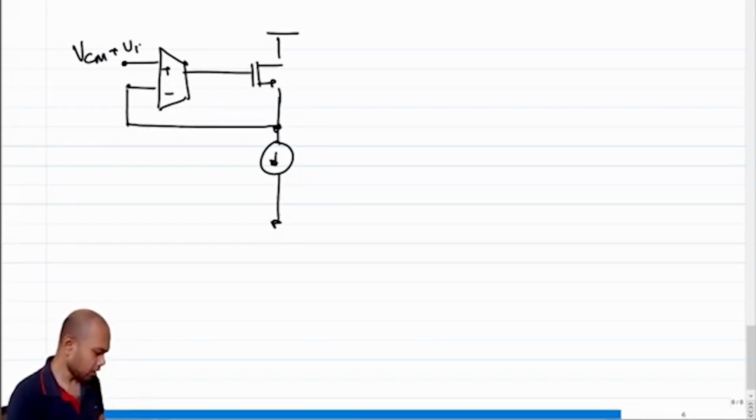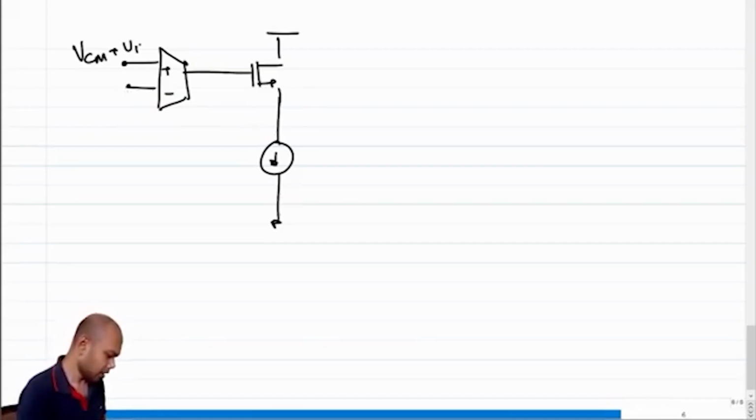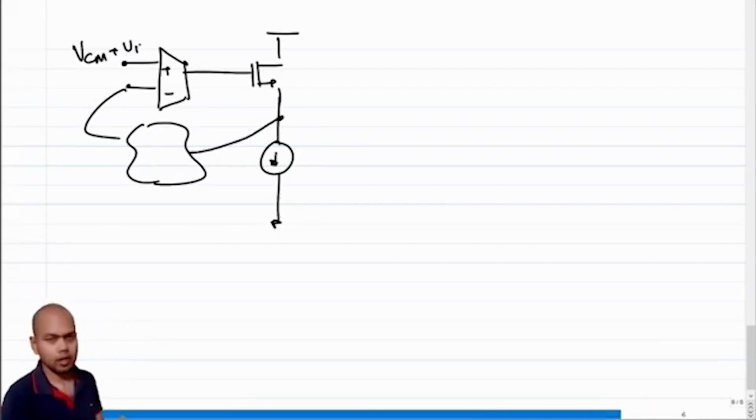Okay, so let's say I don't connect this, and there will be some feedback stuff connected here, regardless. So we were doing unity gain feedback, but it need not necessarily be the case.